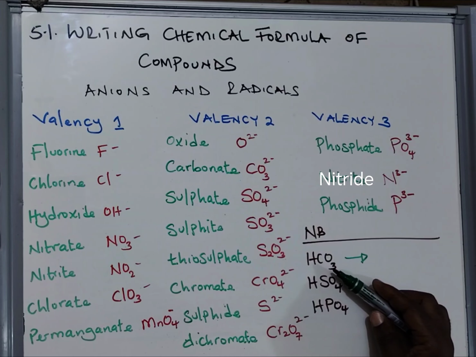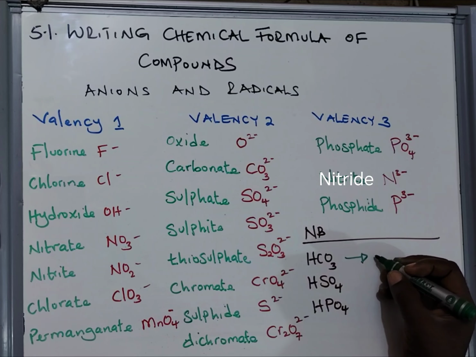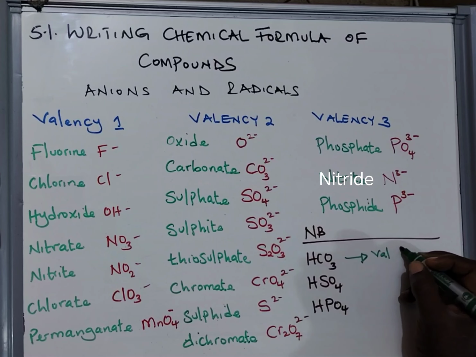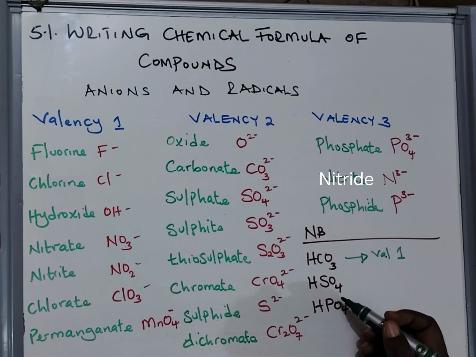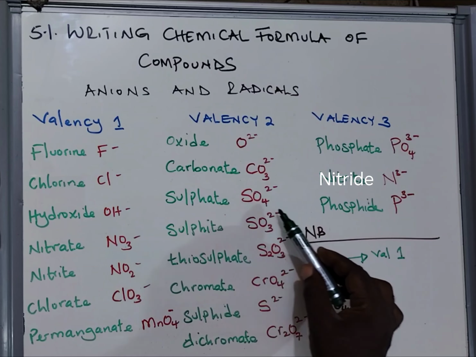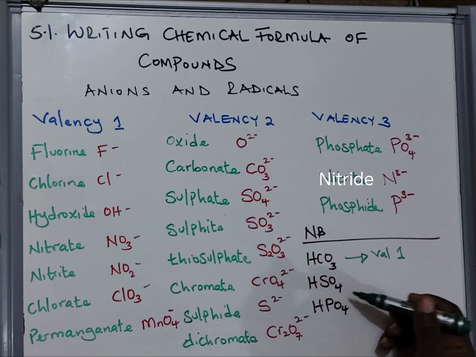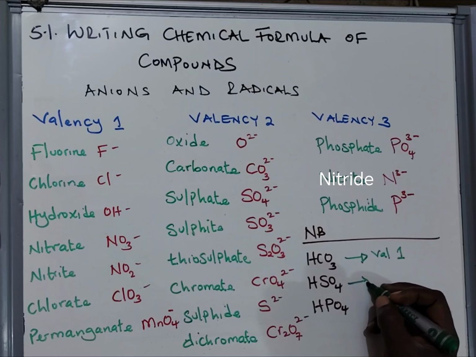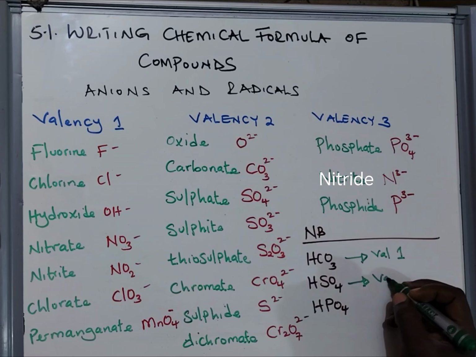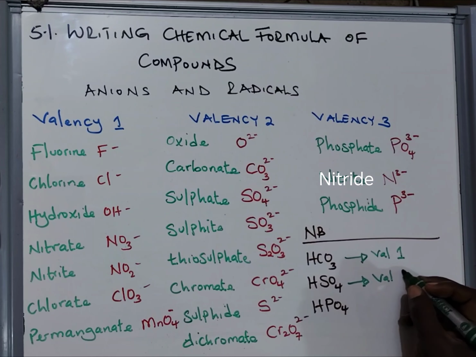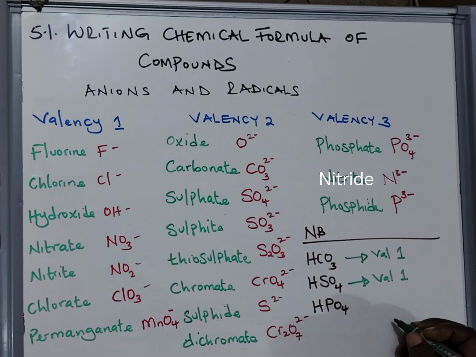But when it's hydrogen carbonate, it's going to be 2 minus 1, and you remain with the valence 1. Sulfate is valence 2, you have it there. But if it's hydrogen sulfate, hydrogen reduces it by 1 and becomes valence 1, because 2 minus 1 is 1.